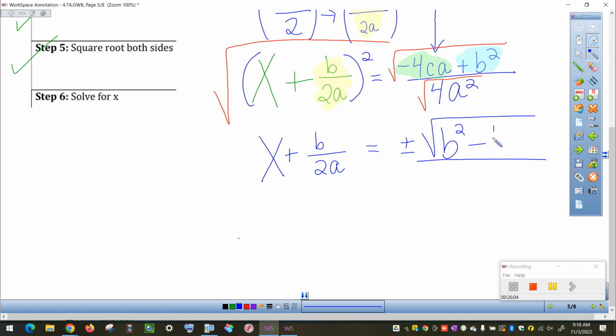But instead of doing c times a, let's actually change it to be a times c. Now that's more familiar. That's what we see in the quadratic formula. On the denominator part, when we take the square root of 4a squared, the square root of 4 is 2, and the square root of a squared is a.